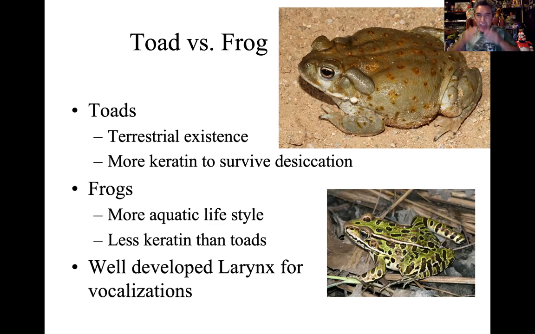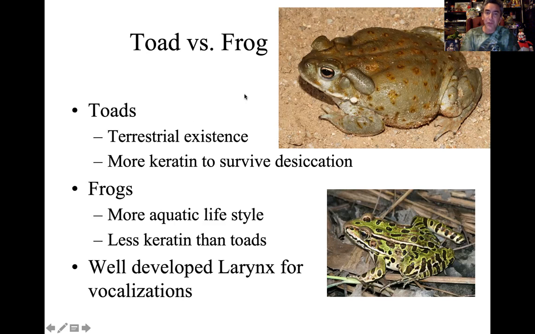They're going to have more streamlined, pointy snouts, more hydrodynamic structure. They're going to have bigger feet for propulsion, webbed feet, less keratin. If you're in water, you don't have to stay as dry. Drying out is not as big a risk factor, I should say. So less keratin, more aquatic lifestyle.